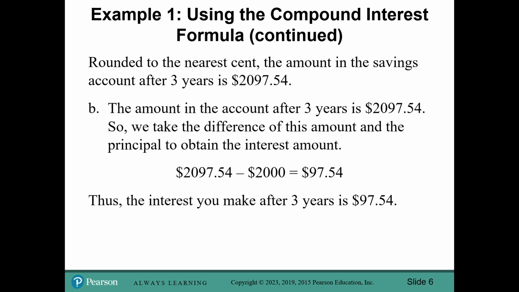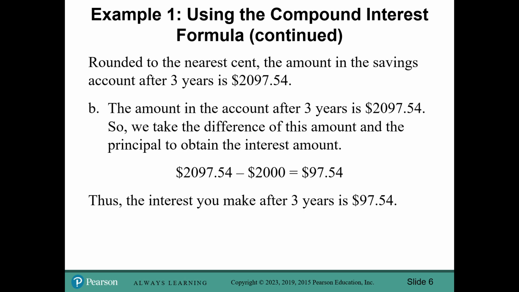But remember, our initial deposit was $2,000. So this will help us answer part B. Part B says the amount in the account after 3 years is $2,097.54. So we take the difference of this amount and the principal to obtain the interest amount.